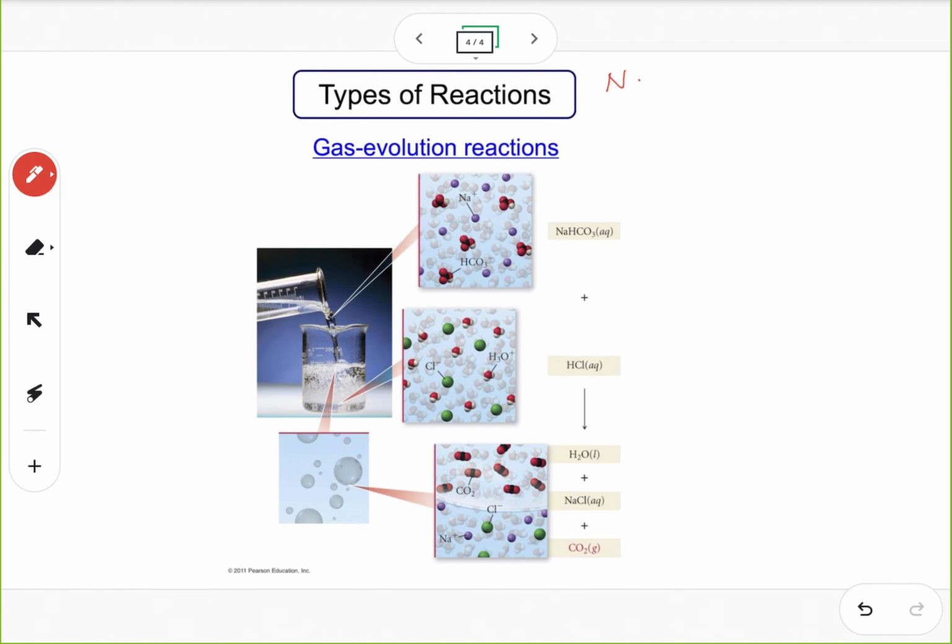Okay, sodium bicarbonate. This is soluble. All of the sodium salts are soluble. It reacts with hydrochloric acid in aqueous solution. It generates water. It's a pure liquid. We use L to represent the state. Sodium chloride, it's aqueous solution, and plus carbon dioxide.